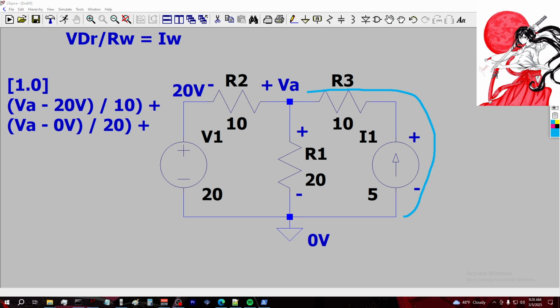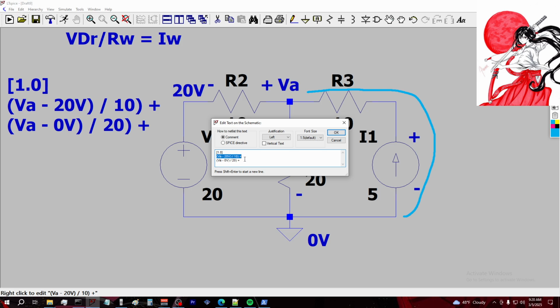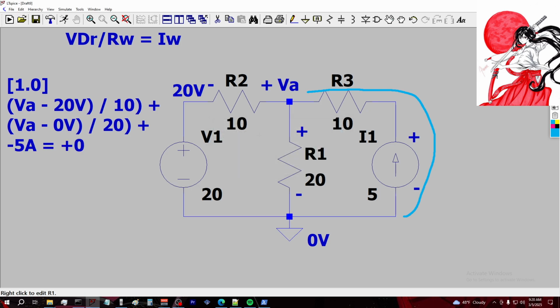So that gives us -5 amps, and all of this is going to be equal to zero. I don't know exactly why that is. I can't explain why you get a current loss when you go through the negative terminal of a current source, but yeah, so we have that.